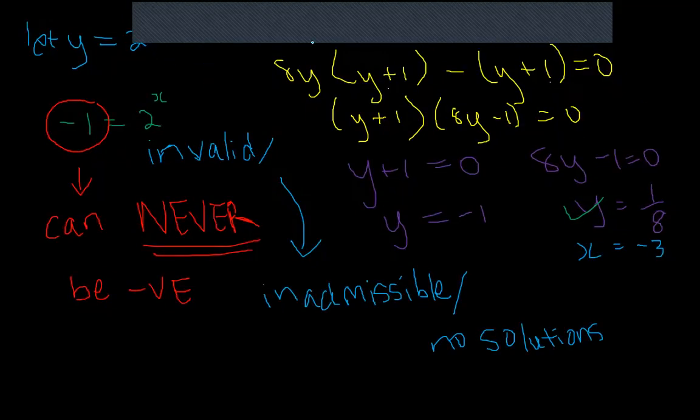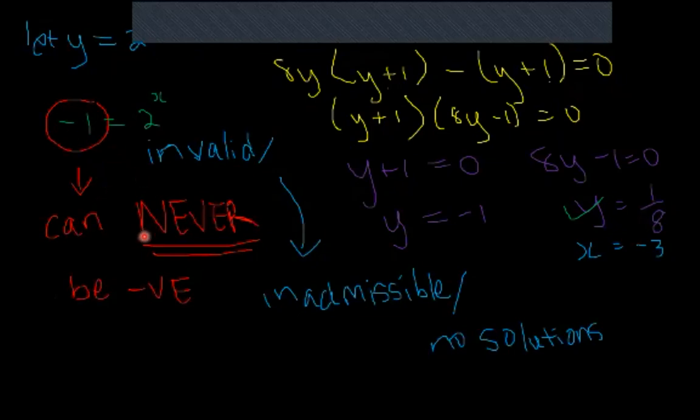Okay. What is very important, I need you to remember, because people also mess up on this, because they would say, okay, this number could never be negative. Instead of putting the word invalid or inadmissible or saying no solutions, they just leave it like this.